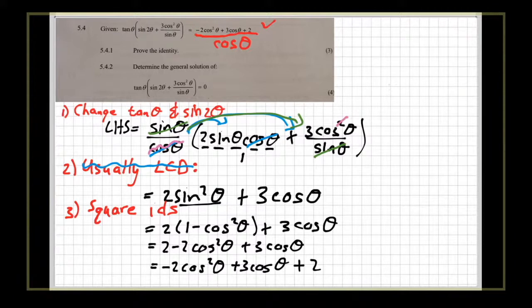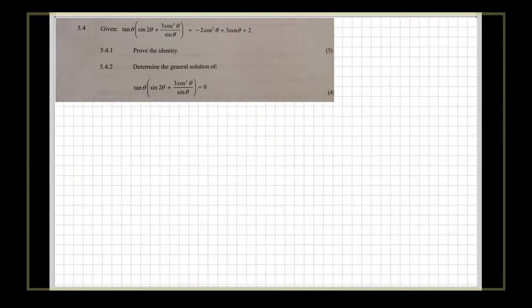So if I look at question 5.4.2, now they tell me to solve that equal to 0. I've got to constantly ask myself, how does this relate back to my specific given identity or my proven identity?